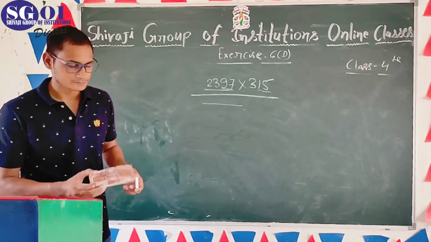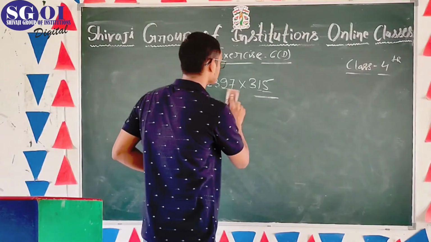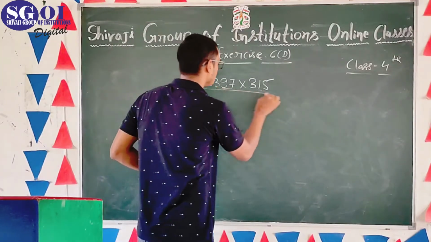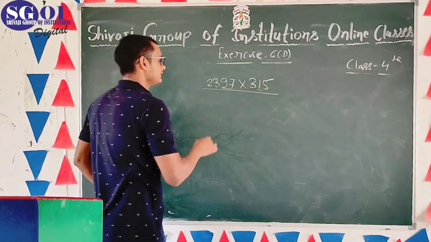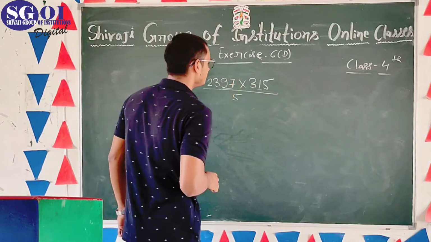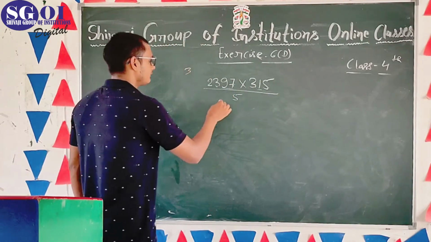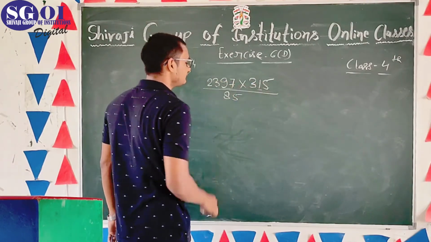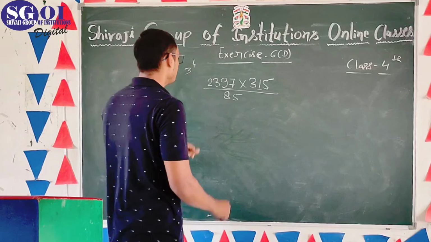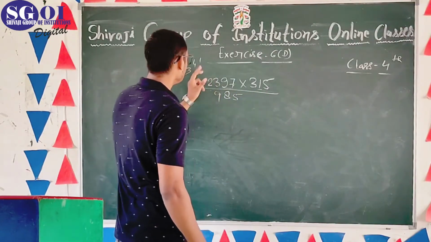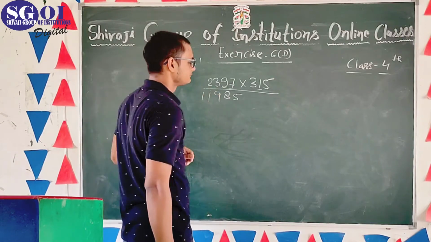Look. 5 7s are 35, 5 carry 3. 5 9s are 45 plus 3, 48, carry 4. 5 3s are 15 plus 4, 19, carry 1. 5 2s are 10, 10 plus 1, 11.